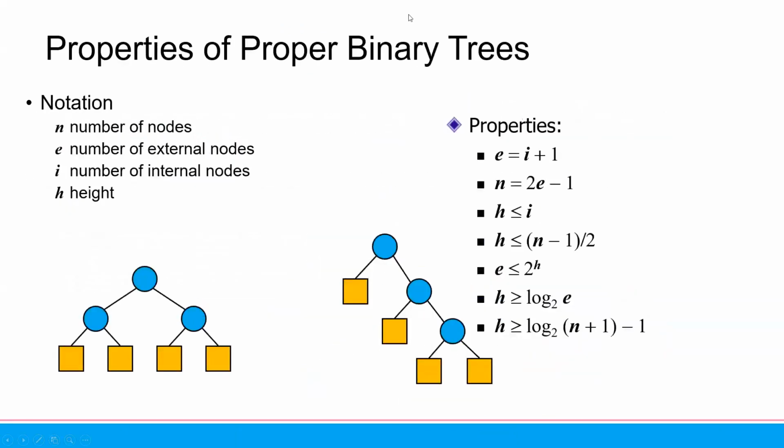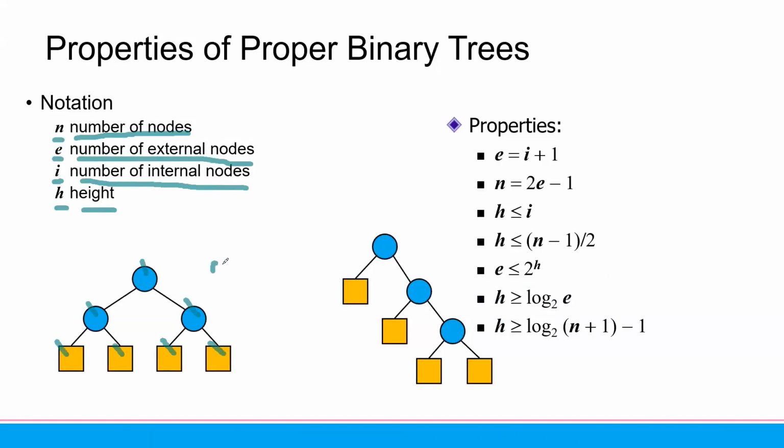Now, let's suppose we have n as the number of nodes, e is the number of external nodes, i is the number of internal nodes, and h is the height. Number of nodes. So how many nodes do we have? 1, 2, 3, 4, 5, 6, 7.